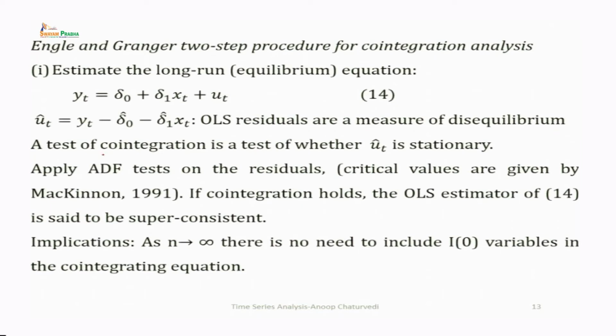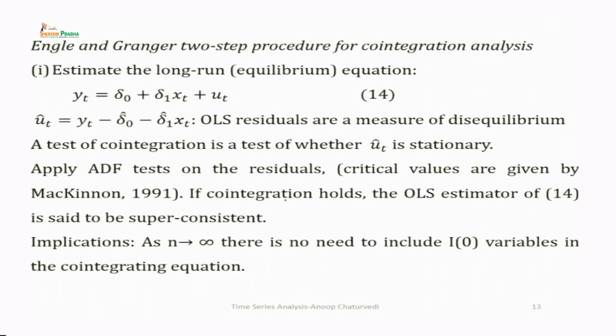Then a test for cointegration is a test of whether u hat t is stationary or not. For that purpose, you apply the usual augmented Dickey-Fuller (ADF) test to the residuals. The critical values for the ADF test are given by MacKinnon.